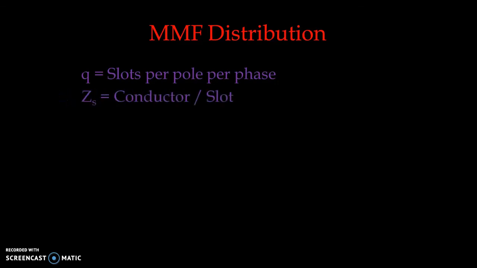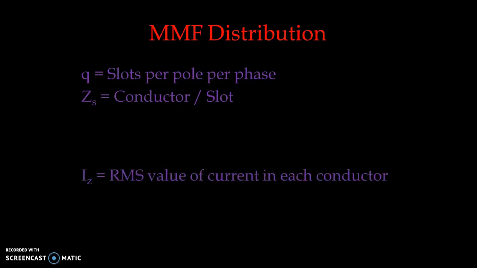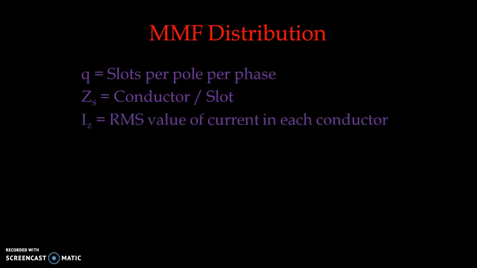So let us first see the magnetomotive force distribution. Let us take Q, that is slots per pole per phase. Then we have Zs, that is conductors per slot. Iz, that is RMS value of the current in each conductor.